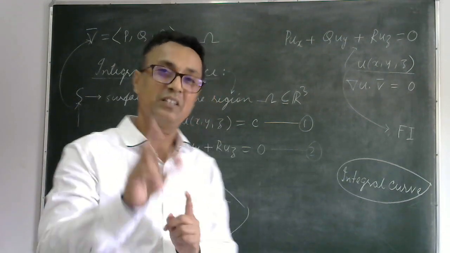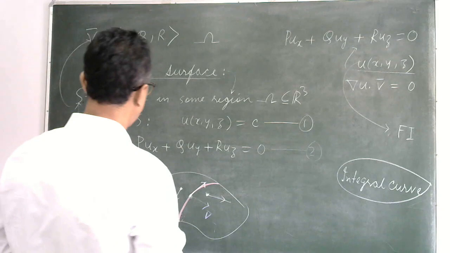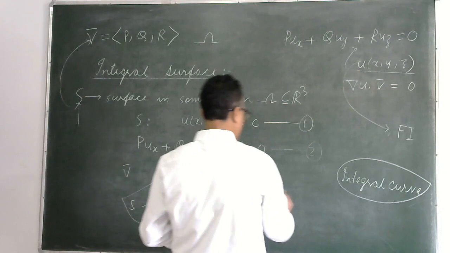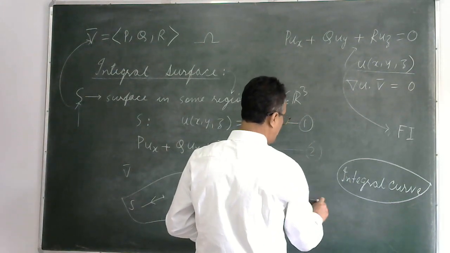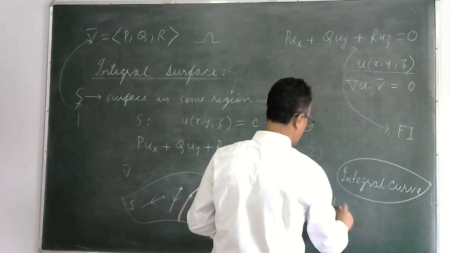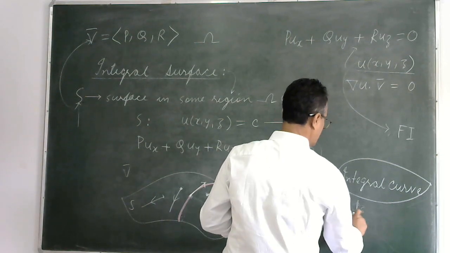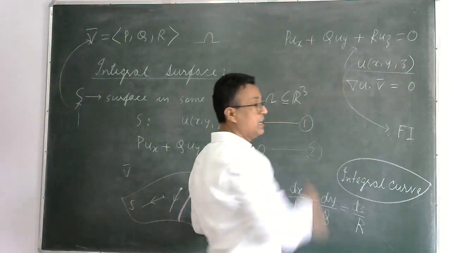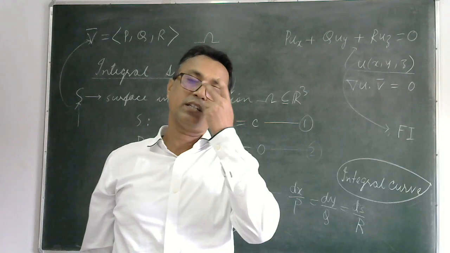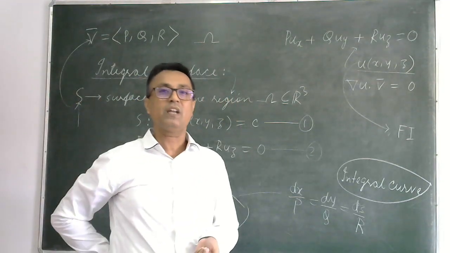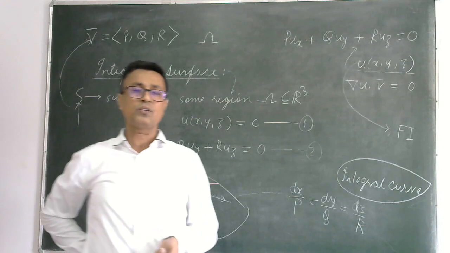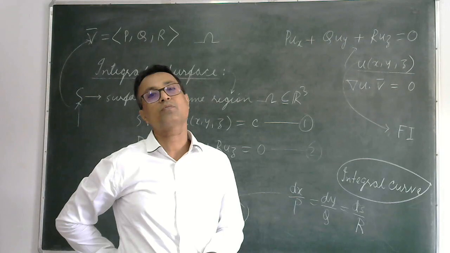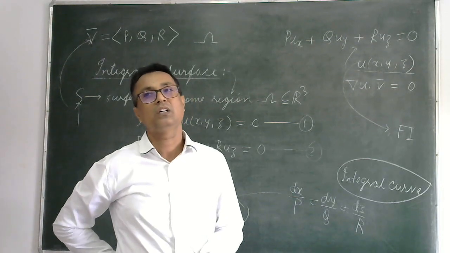Okay, fine. Now, if it has to be an integral curve, that is going to come from the associated differential equation. So you simply solve this equation and you get two first integrals, and then you take the two-parameter family of surfaces.